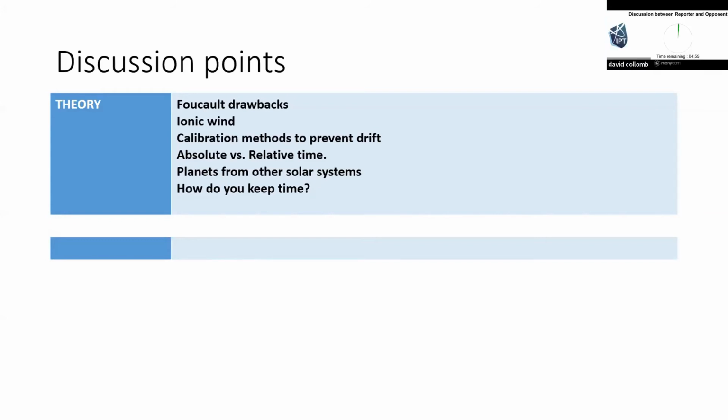Yep. So maybe first about Foucault. You said outright that Foucault can't work on other planets very well. Why is that? If you have noticed the form that I attached in my presentation, there's the periods for different planets, and for some planets such as the Venus, the period is very large compared to that of the Earth.